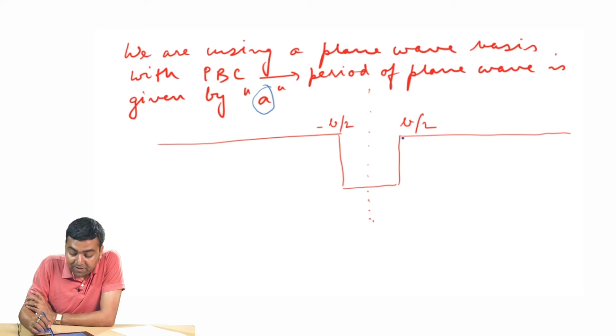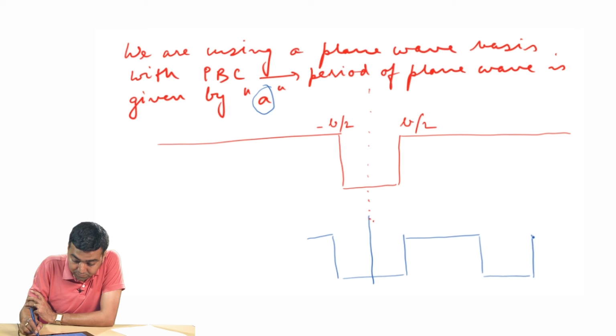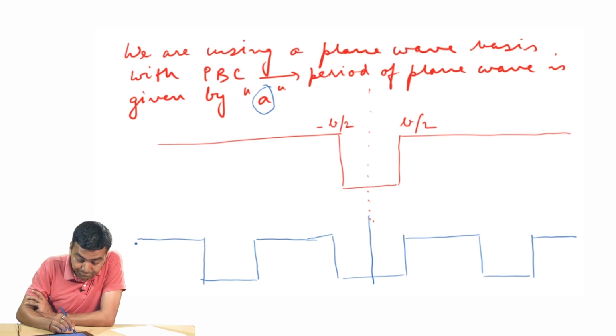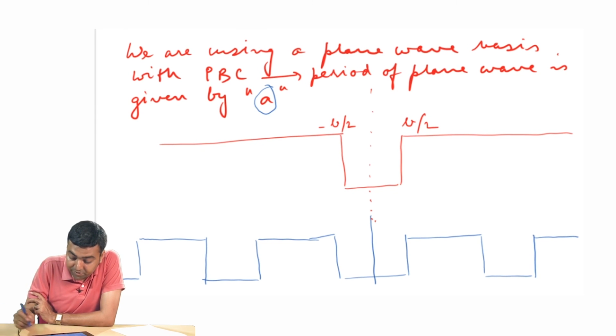And similarly, at any values of x greater than b by 2, the potential is 0, but now this is not true anymore. What is happening now is I have something like this, and so on and so forth.